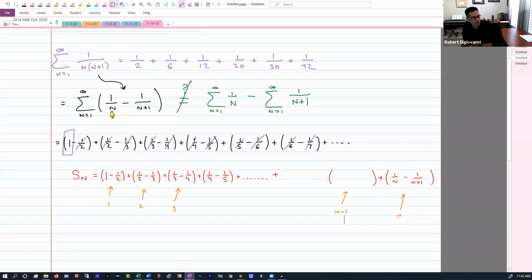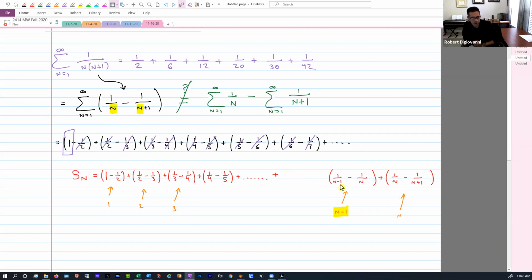So plug n minus 1 into this formula. You'll get 1 over n minus 1 minus 1 over n minus 1 plus 1, which gives you just 1 over n. Does everyone see that? I'm taking n minus 1 and plugging it in there for n and there for n into the original formula.